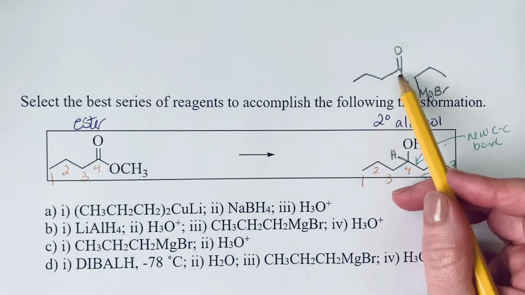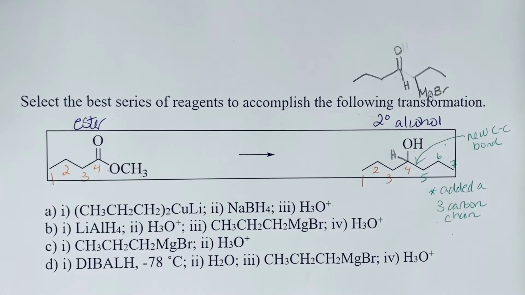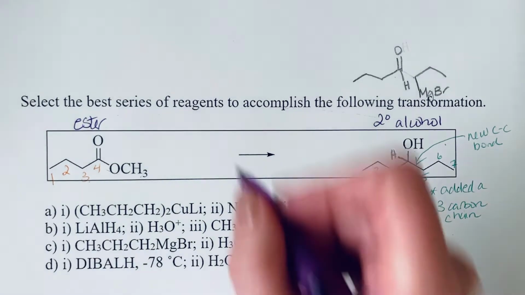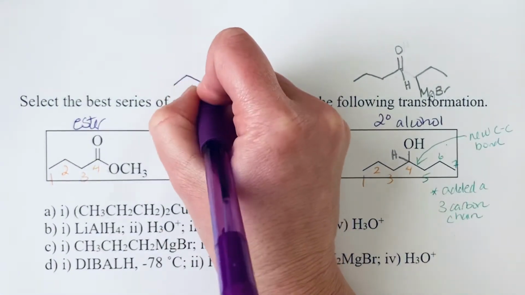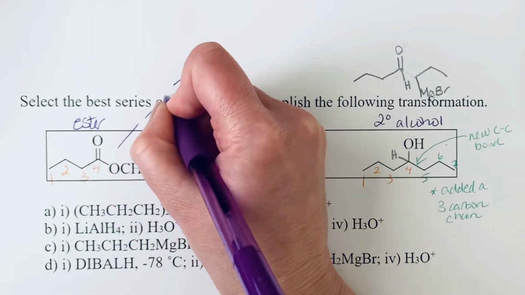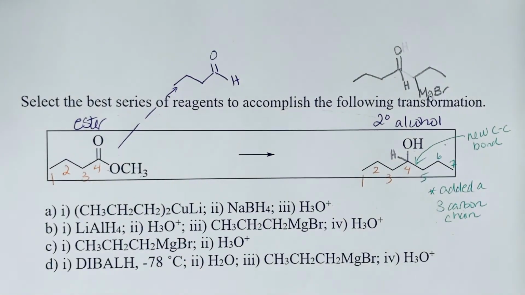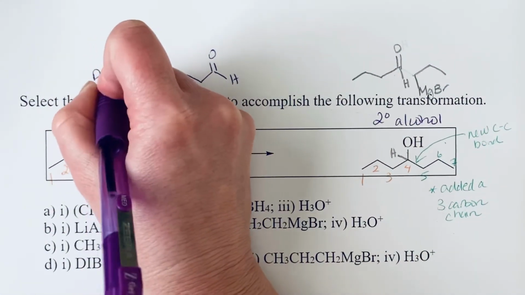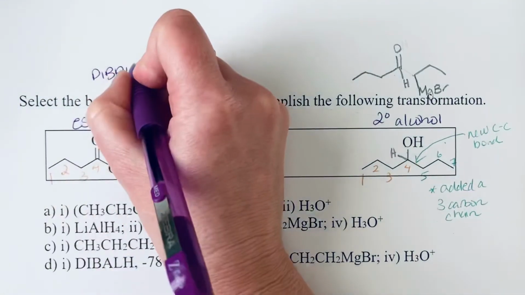So our question then, if we're considering this as our retrosynthetic pathway, is do we know a way to take an ester and to make an aldehyde? So I'm going to draw the aldehyde as its key intermediate. I think this is really the way to go with this problem. So you want to think, can you do that selective reduction? And hopefully you would remember the reagent Dibal, diisobutylaluminum hydride.